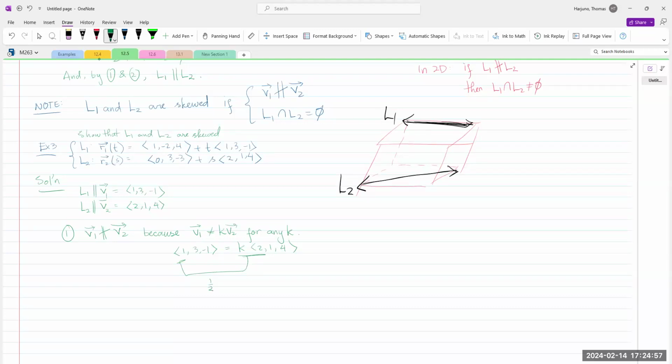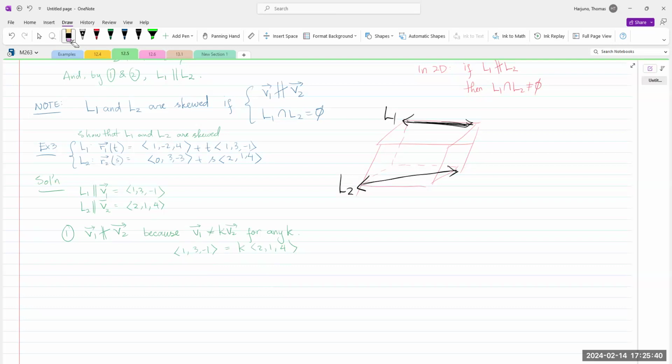From your x component point of view. However, when you see the y component, the k is supposed to be 3. And when you look at the z component, the k is supposed to be negative 1/4. Okay, but there's no uniform k that applies to all 3 components such that you get that (1, 3, -1). Okay, there's no such k. That means these 2 lines are at least not parallel.